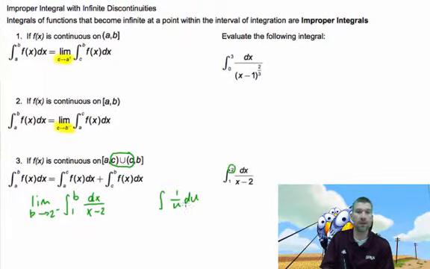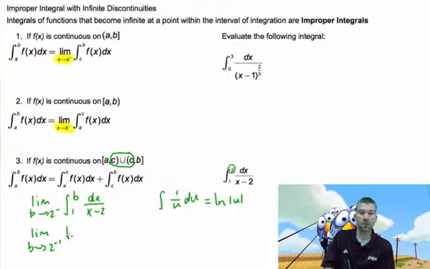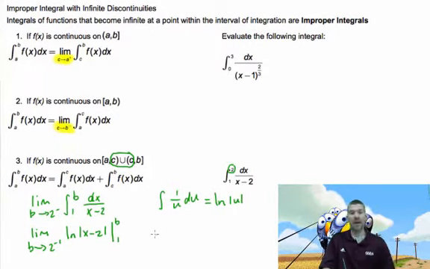This becomes the natural log of the absolute value of u. The same thing here, because when you take the derivative of x, you just get 1. So our limit is going to be b approaches 2 from the left of the natural log of the absolute value of x minus 2 evaluated from 1 to b. And it's stop minus start.